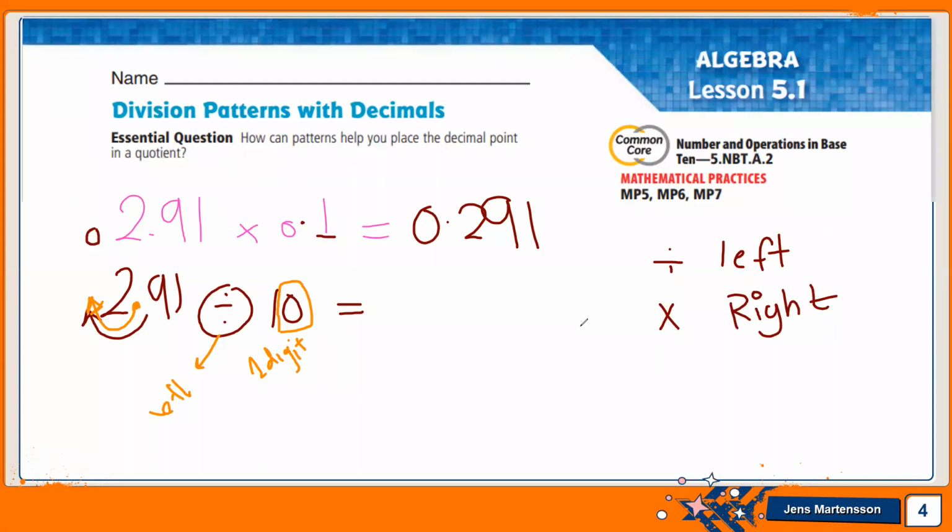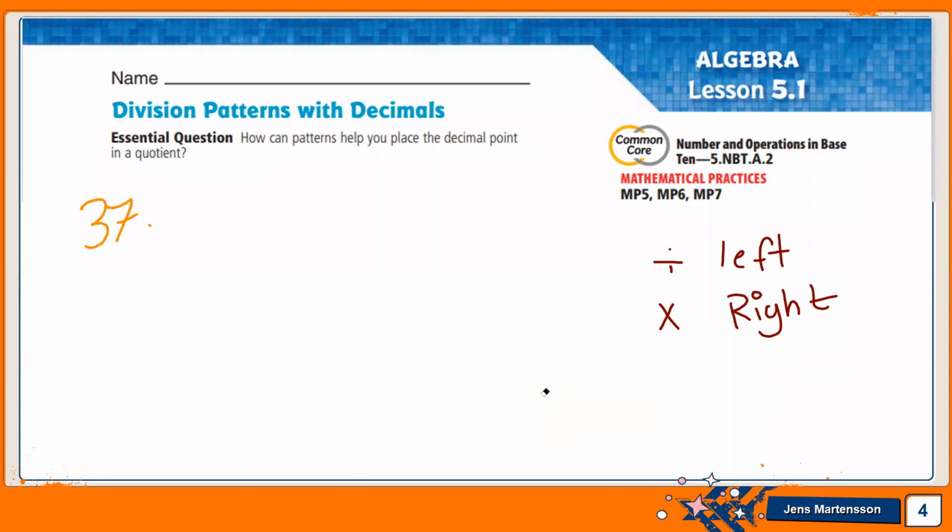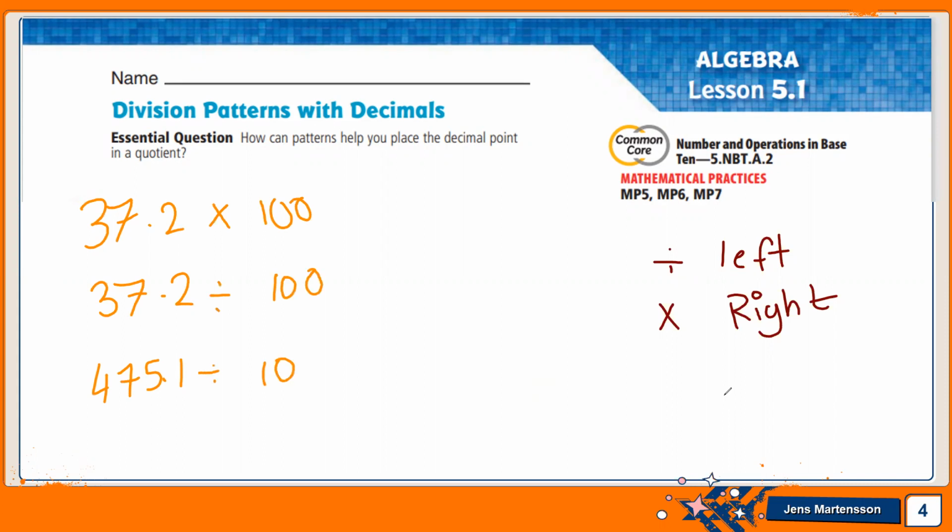Another example. If I have now 37.2. The first one here, you multiply it by 100. The second one, you divide it by 100. The third one, you divide it by 10. Look at these three cases. The first step, the procedure, is to look at the operation here.